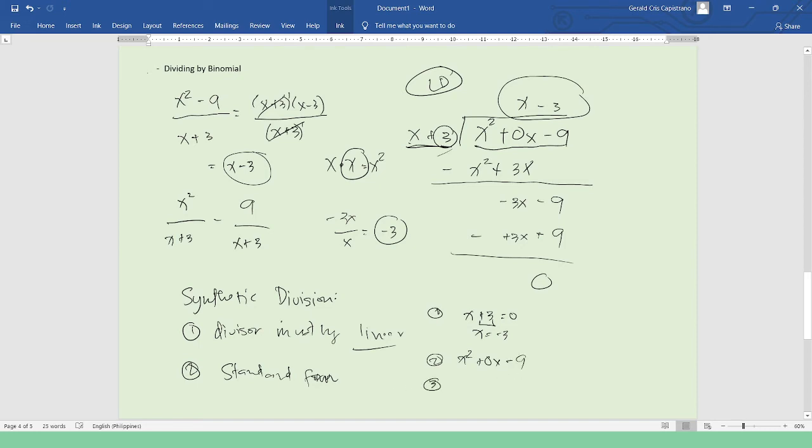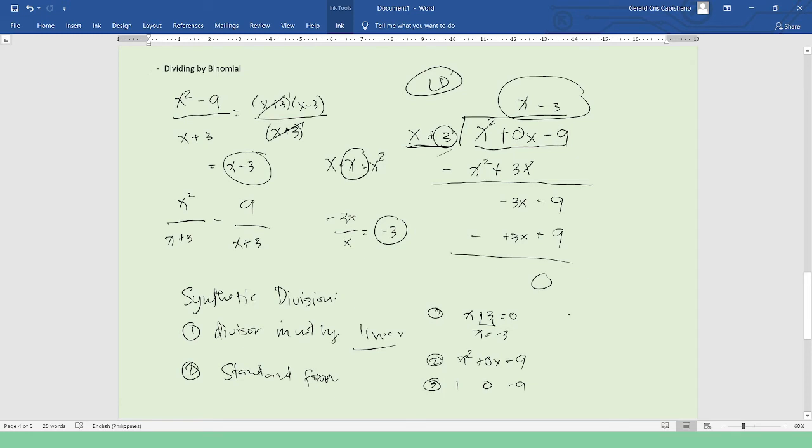Then, ang next mong kailangan gawin is get the coefficients of your standard form dividend. So, ang coefficient nito ay 1. Okay? Coefficient nito ay 0. Coefficient nito ay -9. So, basically, ito yung process.